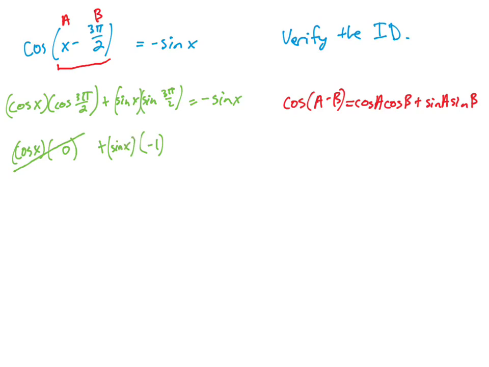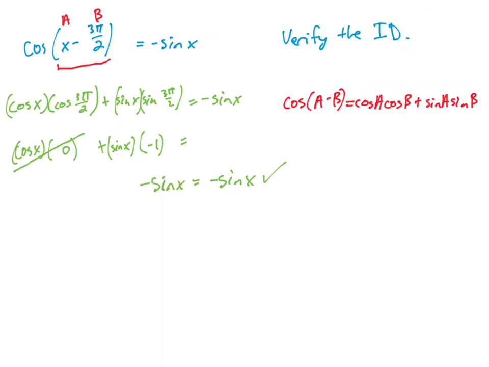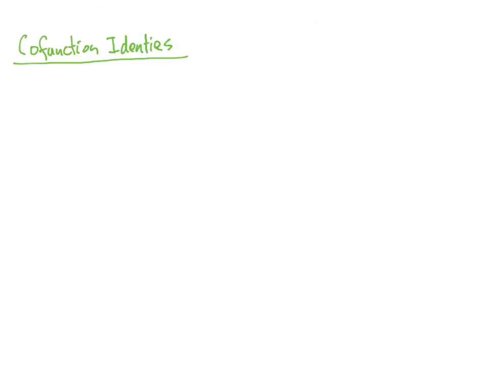Sine of x times negative 1, well that's just negative sine of x. And that is what we have on the right-hand side. So that's it. So we can use the sum and difference identities to find values like we did back here, and we can also use them to verify a trig identity.